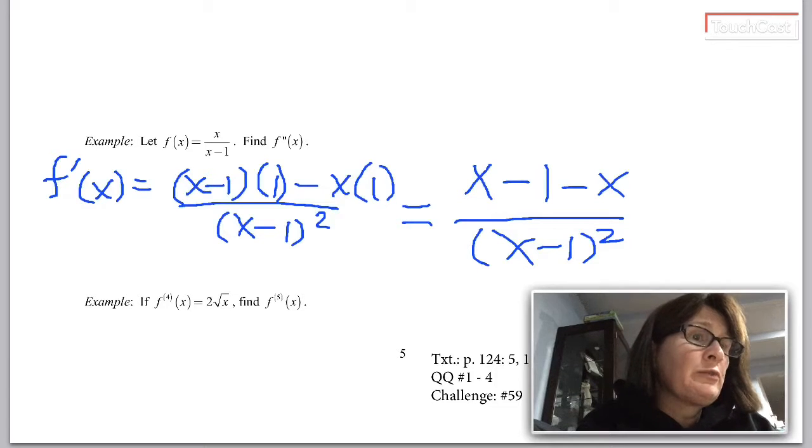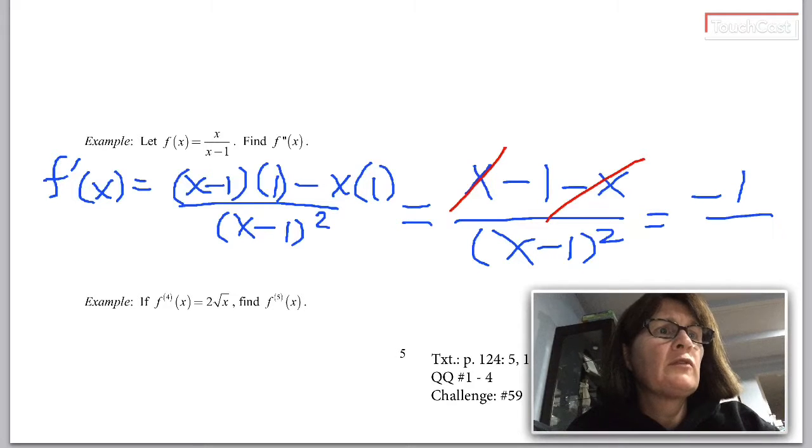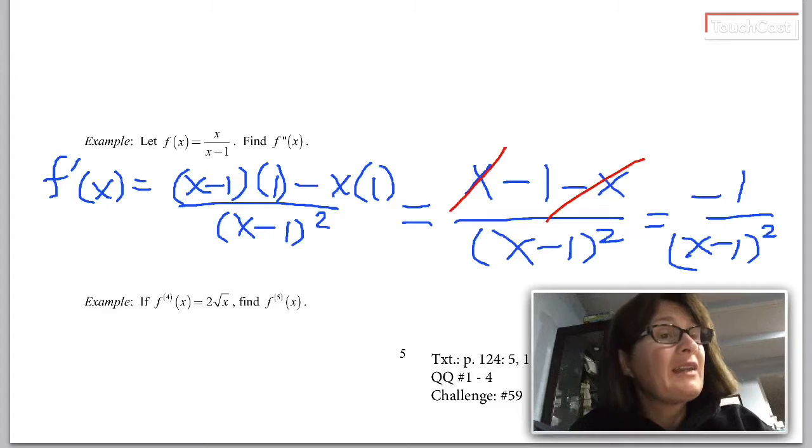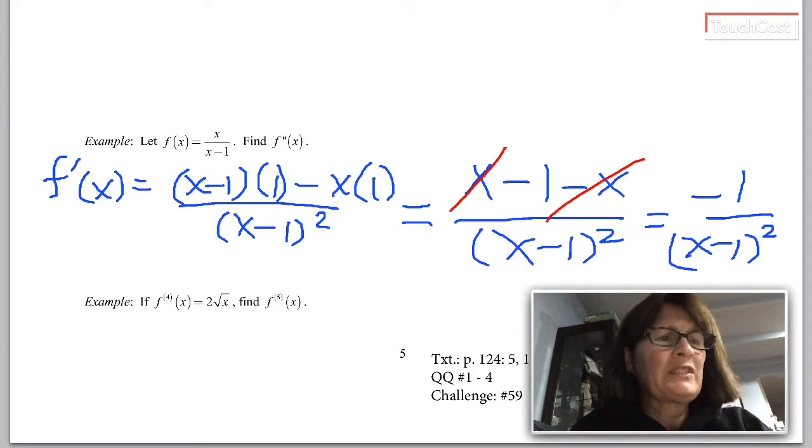There's no advantage to multiplying that denominator out, but my x's are going to cancel. That's positive x and a negative x is going to leave me negative 1 over x minus 1 squared.